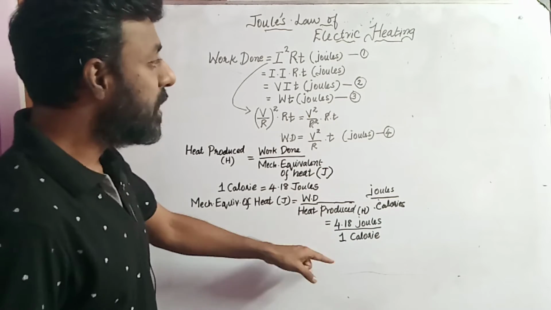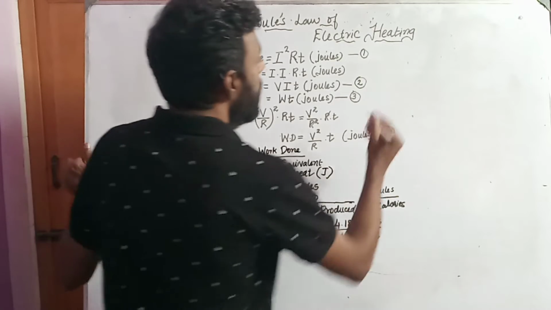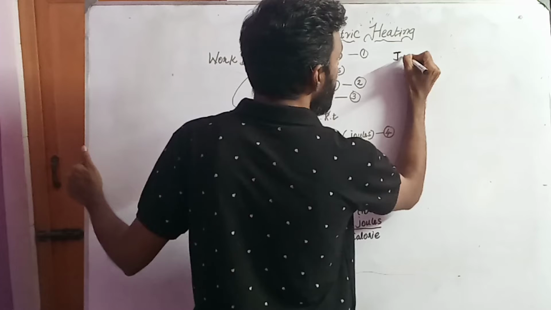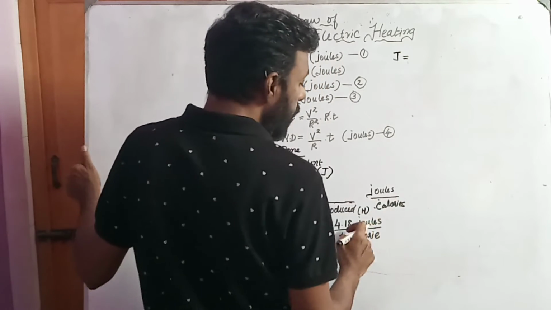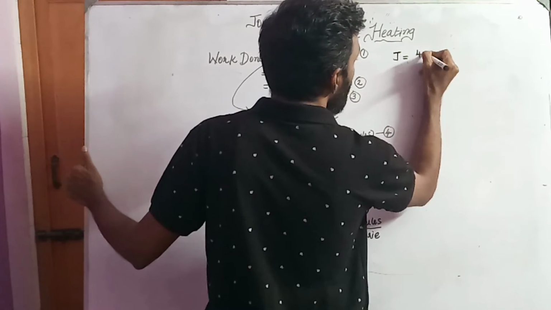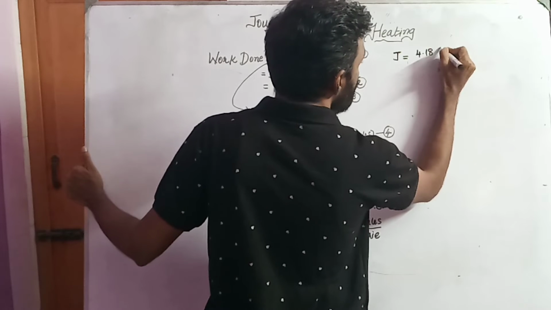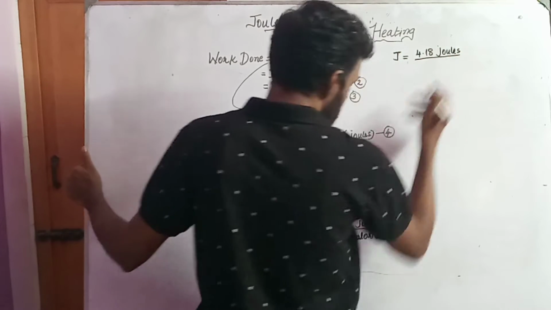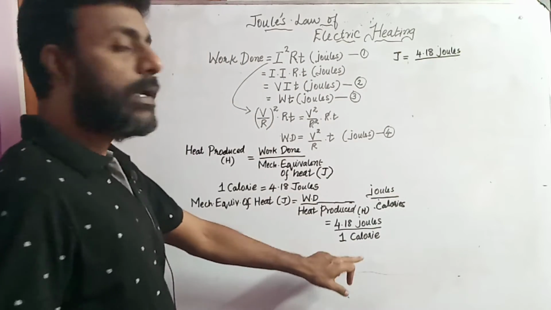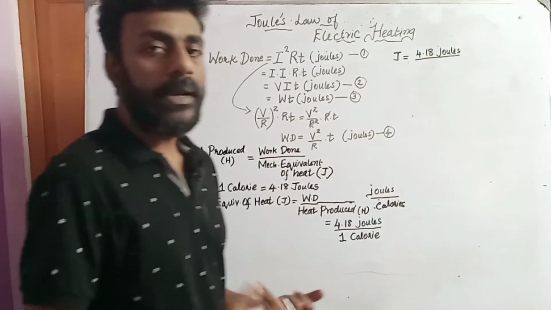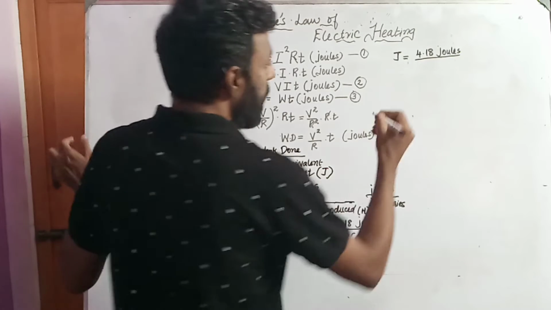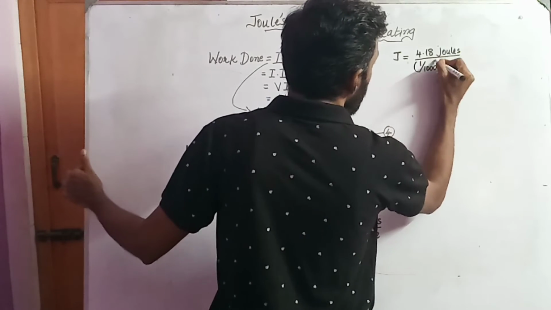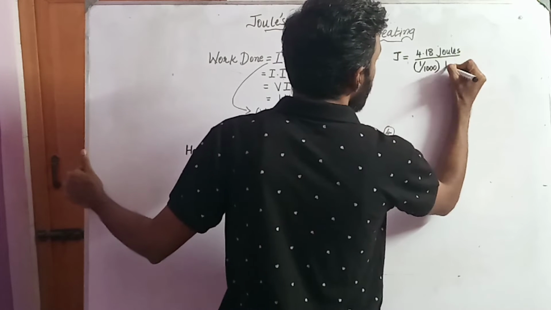If I express it in kilocalories, J, the mechanical equivalent of heat, will be equal to 4.18 joules divided by, when I convert 1 calorie to kilocalorie, I need to divide by 1000, so 1 divided by 1000 kilocalories.